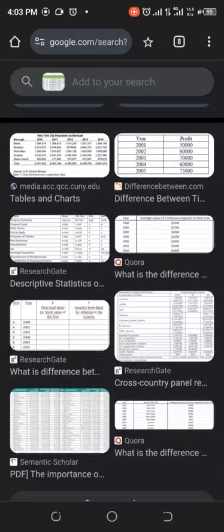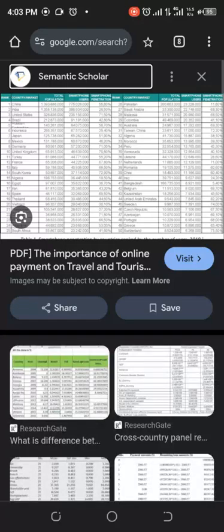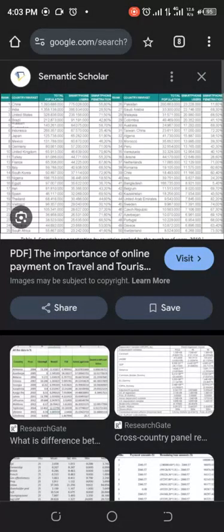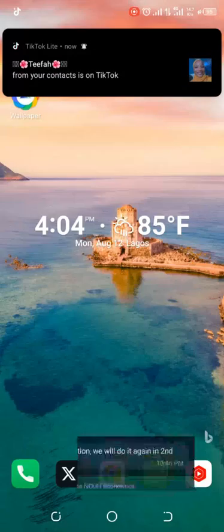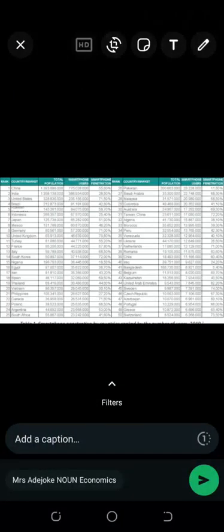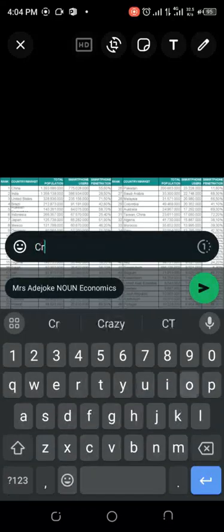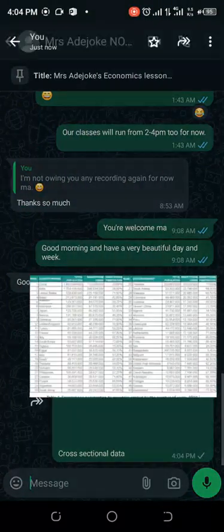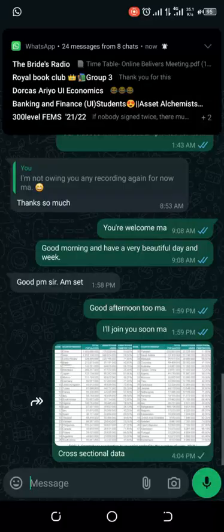That being said, there's panel data, which contains different variables at different time periods. So this one is cross-sectional data, while panel data has columns and different variables at different time periods.